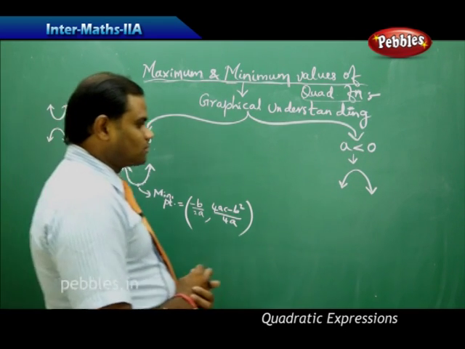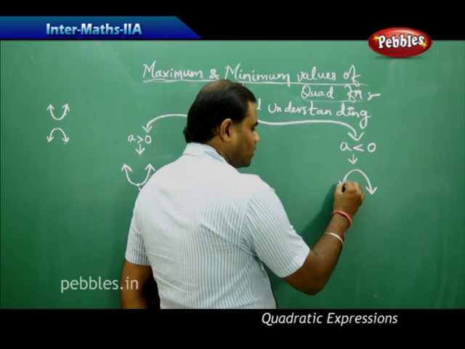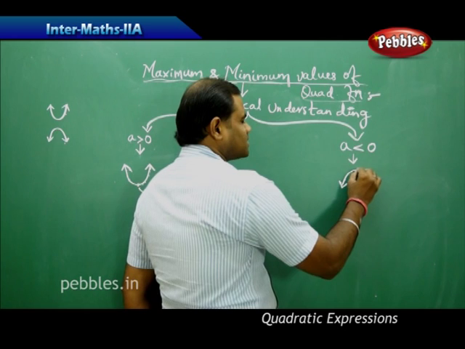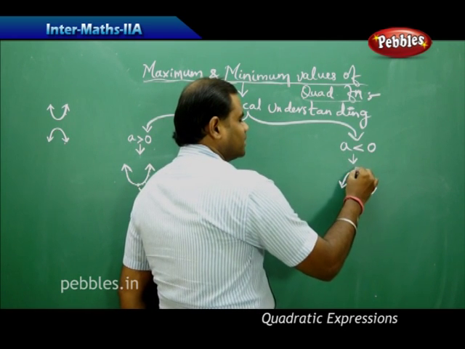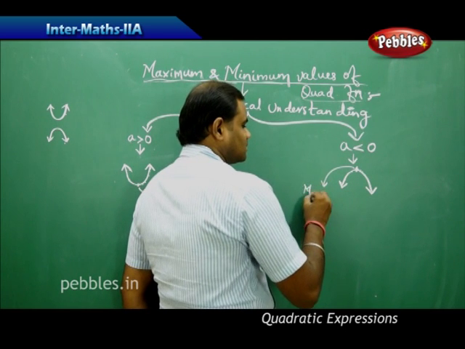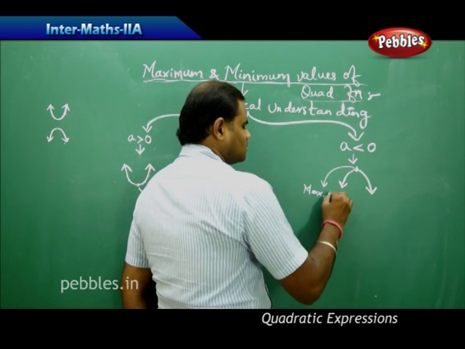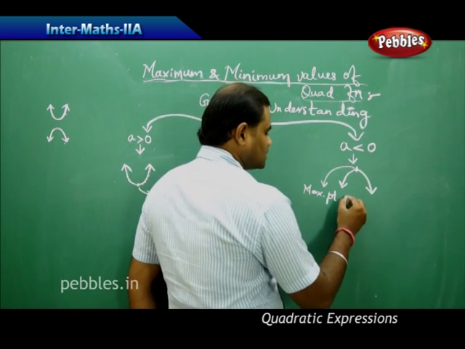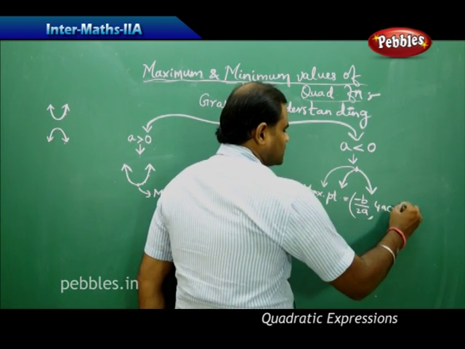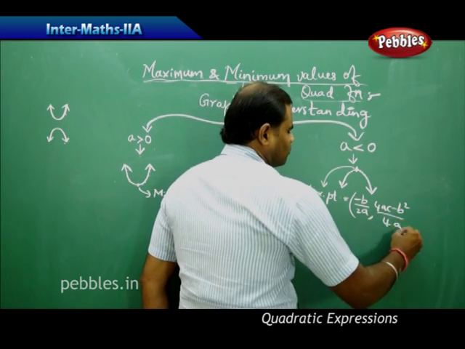Now, as I switch to the second case, I see that as the points move to the top, the values increase and reach the highest, where this point is called the maximum. It is given by the formula minus b by 2a and 4ac minus b squared by 4a.